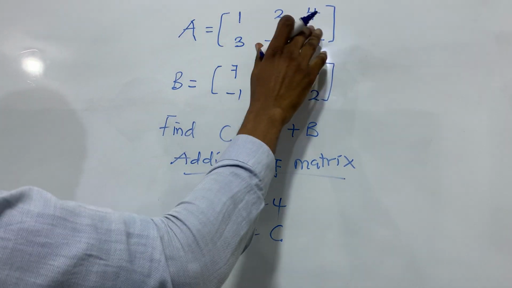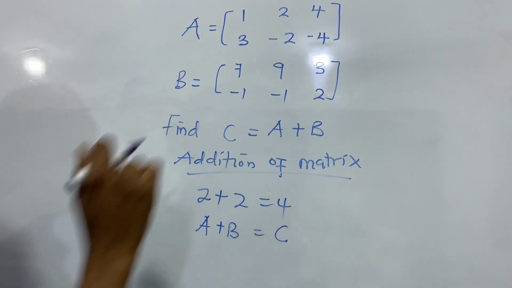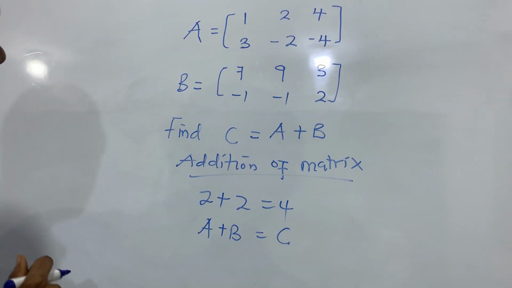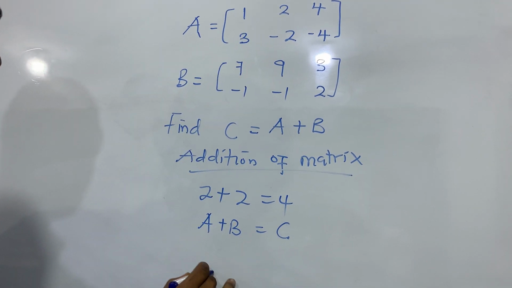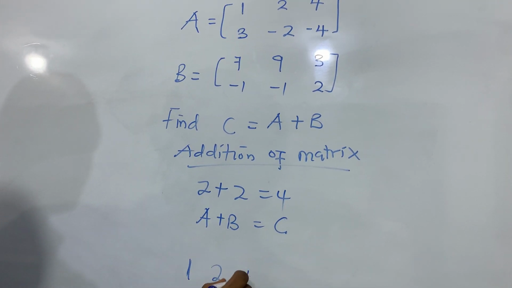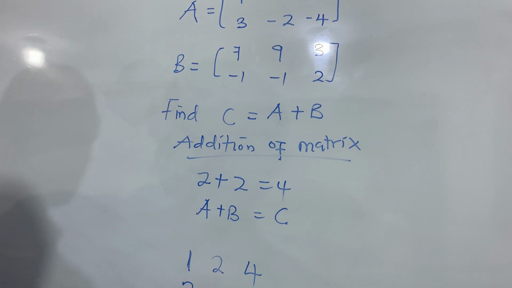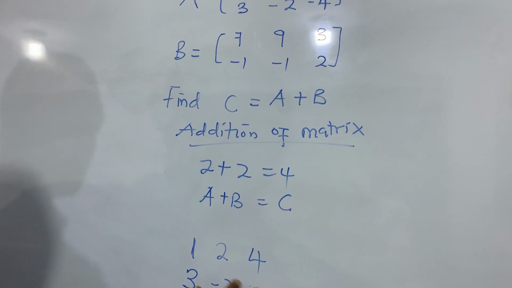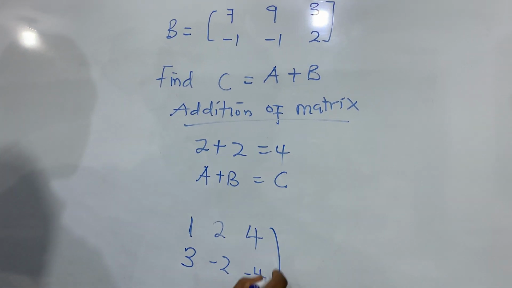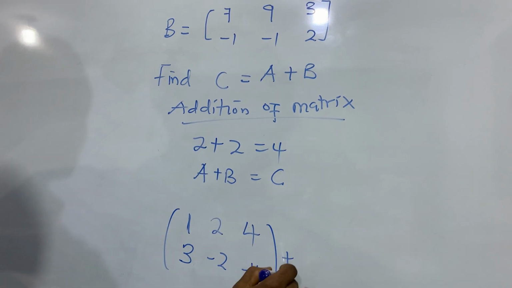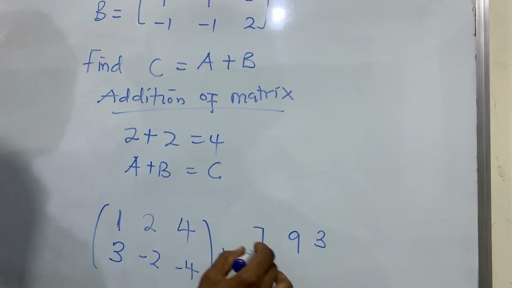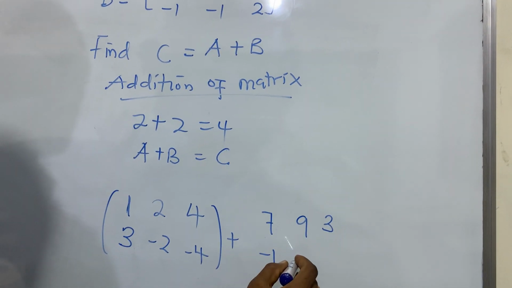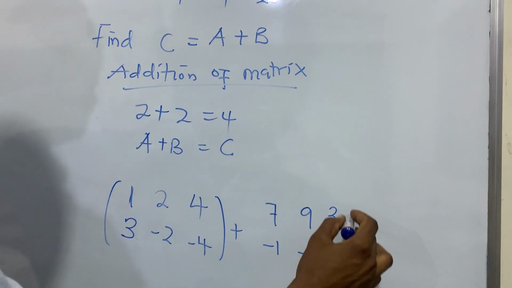So we call it a 2 by 3 matrix. So you say, okay, this is A. In place of this A, we put 1, 2, 4, 3, minus 2, minus 4, plus 7, 9, 3, minus 1, 2.